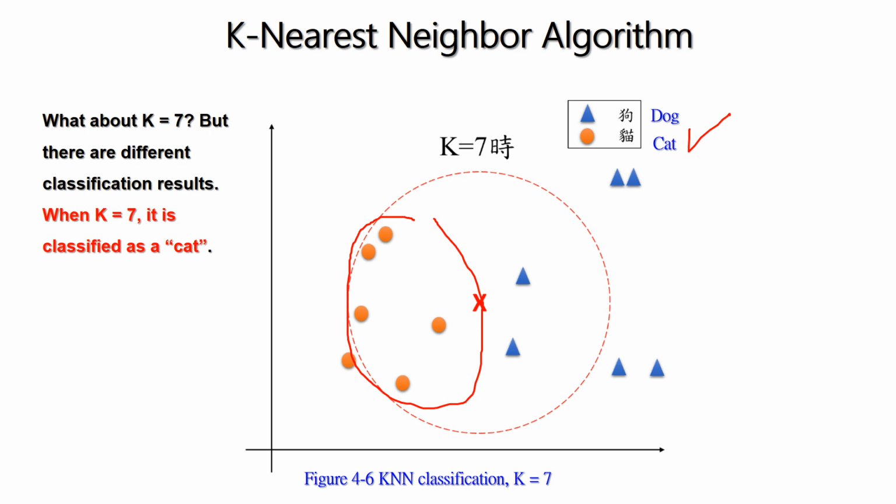So the answer is the cat, classified as a cat. So that's why they call it the nearest neighbor algorithm. It depends on k, and k means the number of neighbors you pick out.